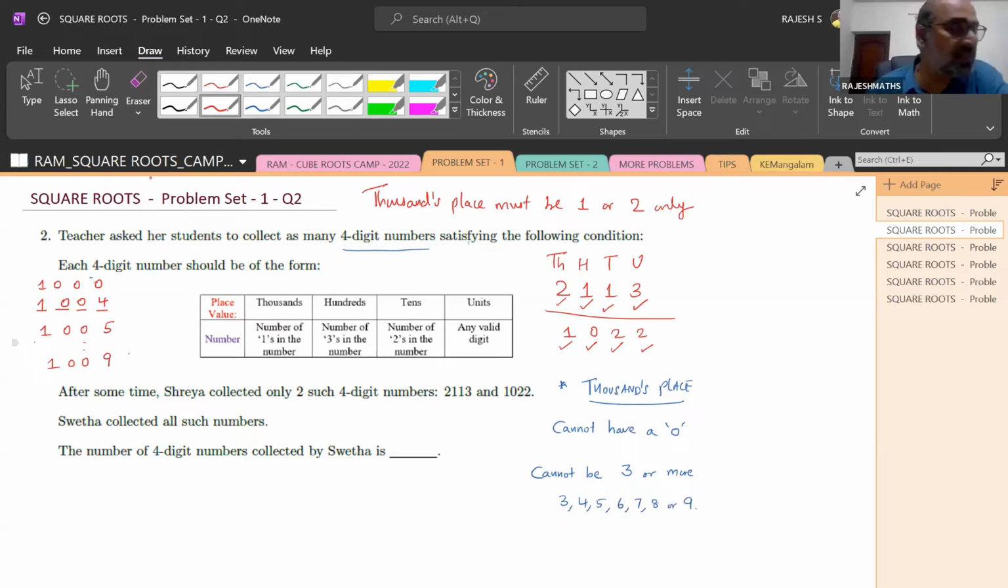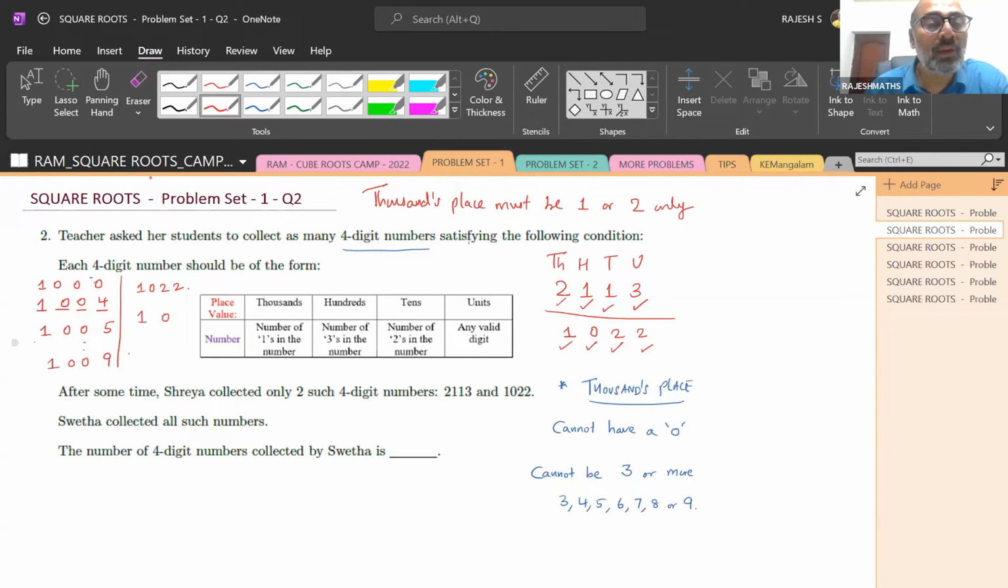So you have these kinds of numbers, and then you can have 1022. Okay, that is satisfied. I don't think that you can have something like 1 dash 0. The problem is you cannot have 2 3s.